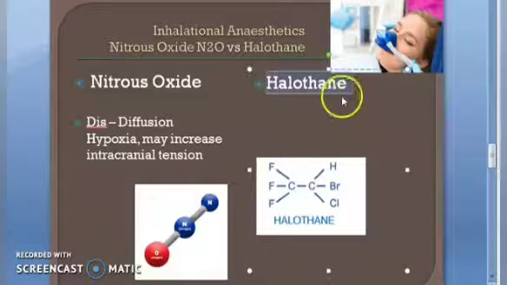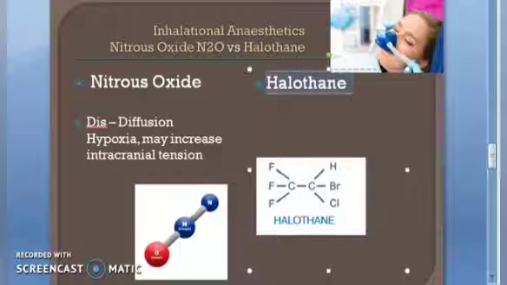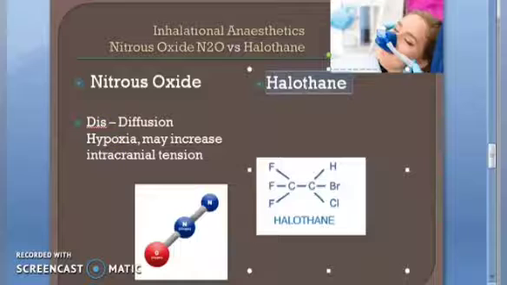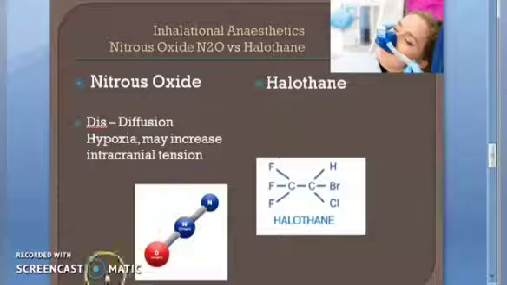Then in halothane, muscle relaxation is inadequate. In nitrous oxide, there is no skeletal muscle relaxant. Halothane has poor, inadequate muscle relaxation. But the good thing is it potentiates the action of DTC, that is tubocurarine, right?